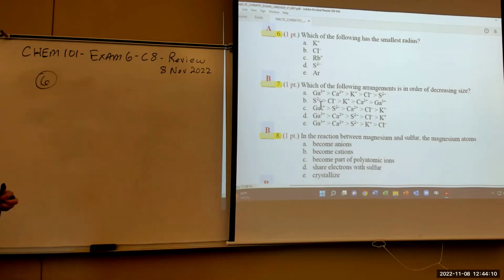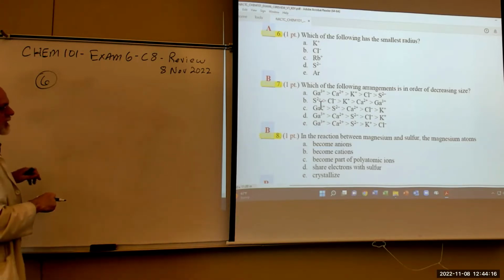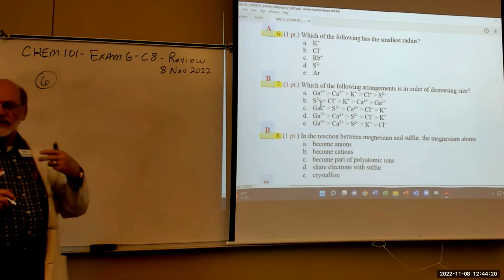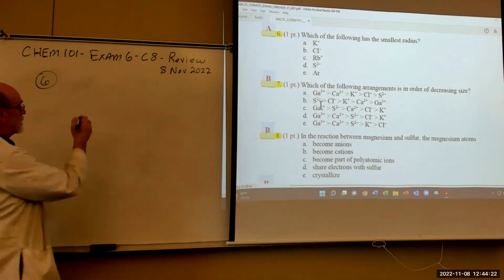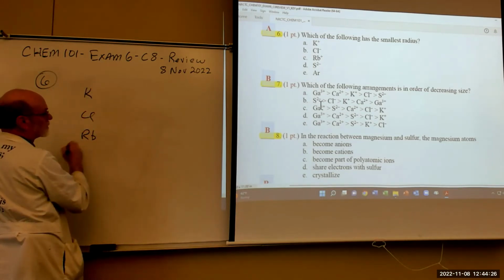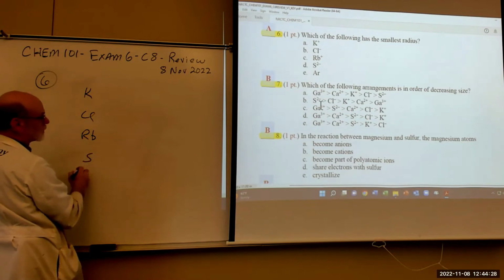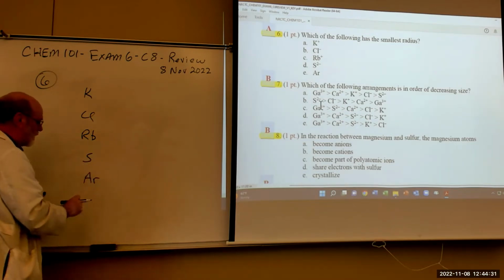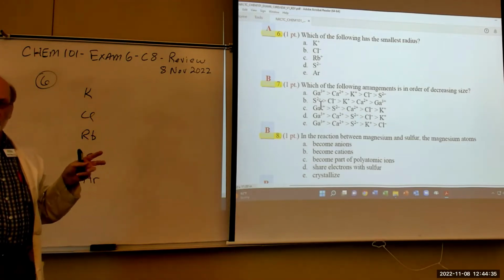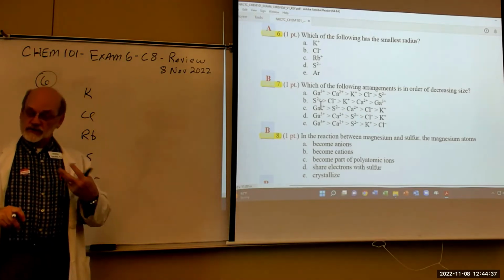Which of the following has the smallest radius? Okay. So the best way to approach this one is to start with the neutral atoms. Potassium, chlorine, rubidium, sulfur, and argon. And look at their position on the periodic table. What's the trend?